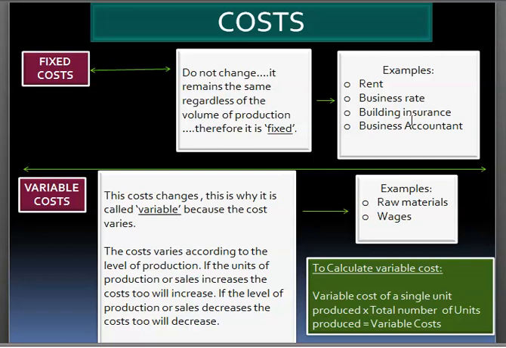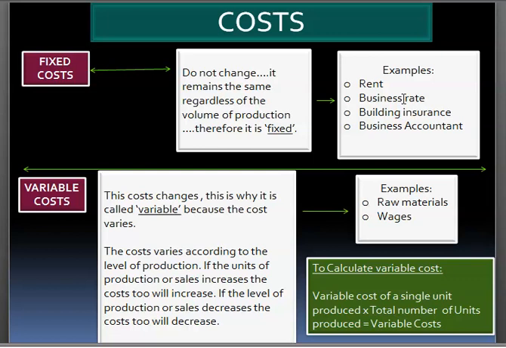The same thing goes with the building insurance. When the quotation for building insurance is given to a business, that's just the building insurance for the whole year. Then the same thing happens with the business rate. When the council charges a business rate, it is fixed.